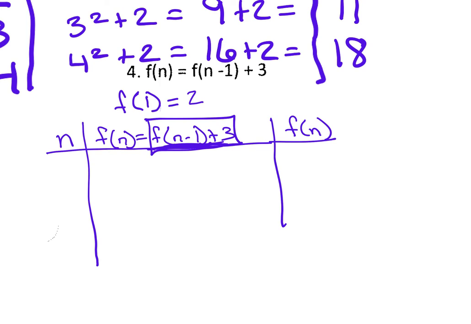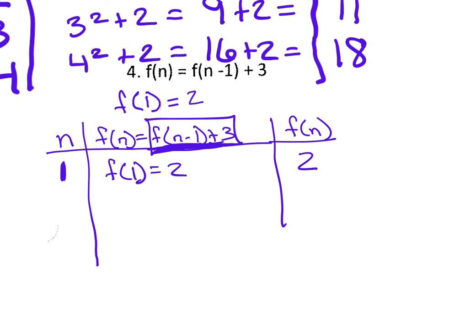So we were already given f of 1, right? We already know what it is when it's 1. What is f of 1 going to be? 2. So when I put it in, I'm going to get 2. So I don't have to solve it because I know the answer. I'm going to use that definition to find the next ones.